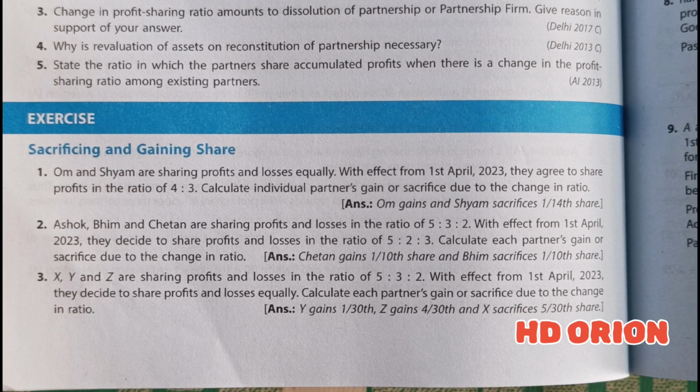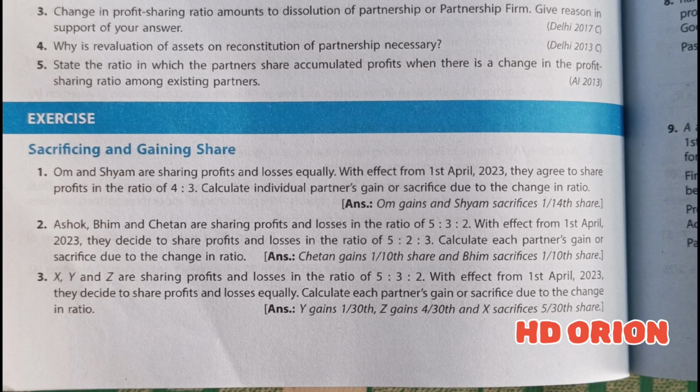So we need to be very particular about calculation of sacrificing and gaining ratio. And this information will be used in admission, retirement and death of a partner also. If this ratio is calculated wrong, then all the calculations will go wrong.